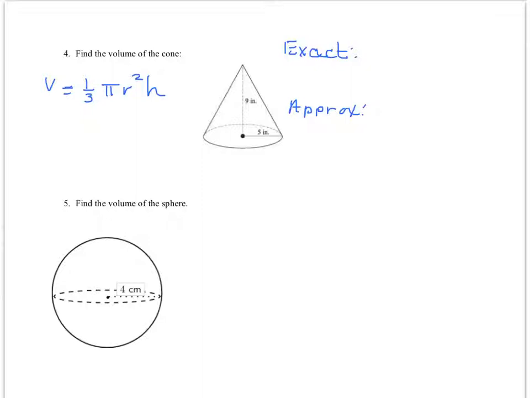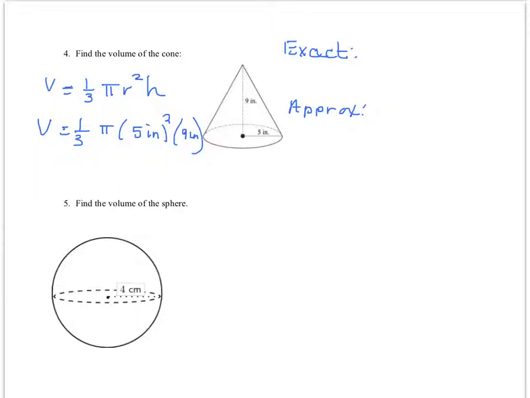Those are 2 very good approximations for pi. Okay, so here our radius is 5 inches, and we've got to square it, and the height is 9 inches.